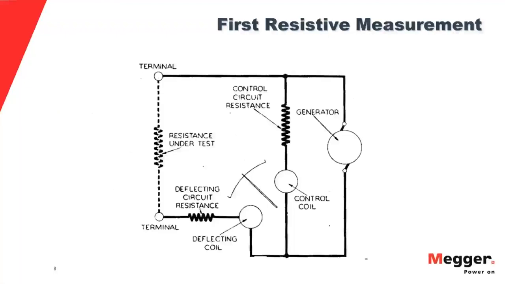You would have a known circuit with a known resistor in it, and that would be balanced against an unknown circuit that included the resistance that you were trying to measure. And the pointer would be part of the deflecting coil.